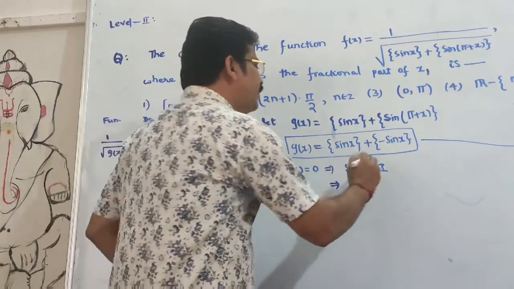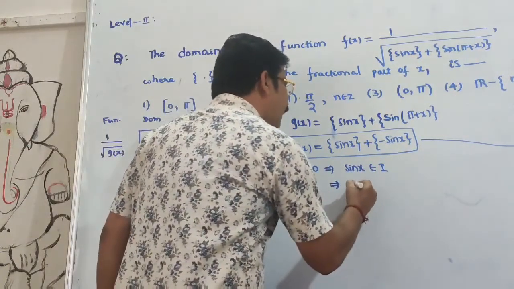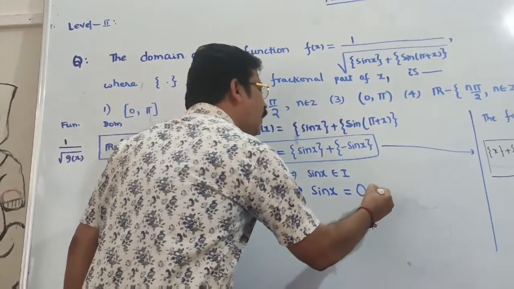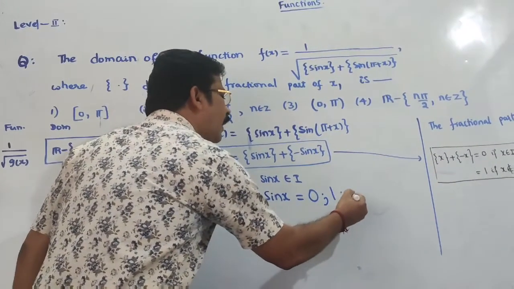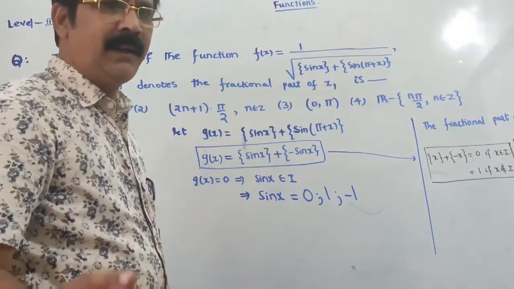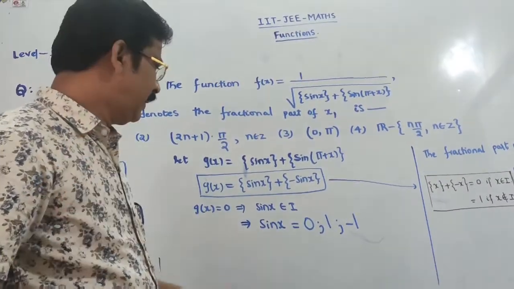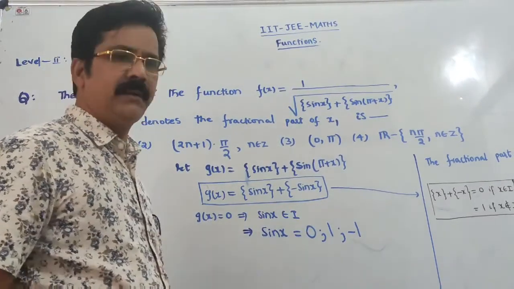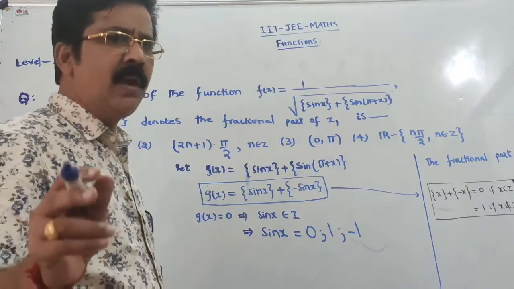So sin x belongs to I means how many ways are there? Sin x is equal to either 0 or 1 or minus 1. So here we have to write the general solution for number 1, sin x equal to 0, number 2, sin x equal to 1, number 3, sin x equal to minus 1.